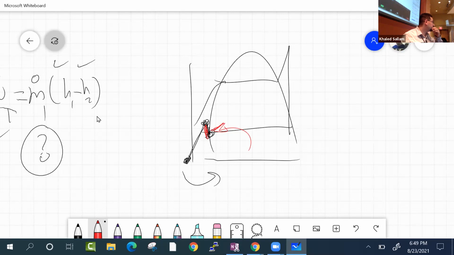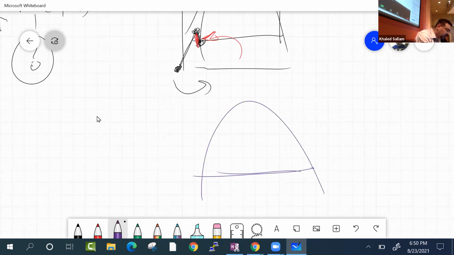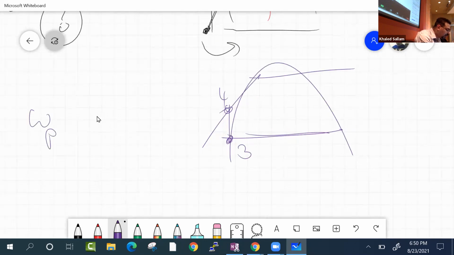Okay, make sense? Okay, so now I want to say one more thing about work pump before we leave it. So we said work pump is m dot multiplied by H4 minus H3, right?